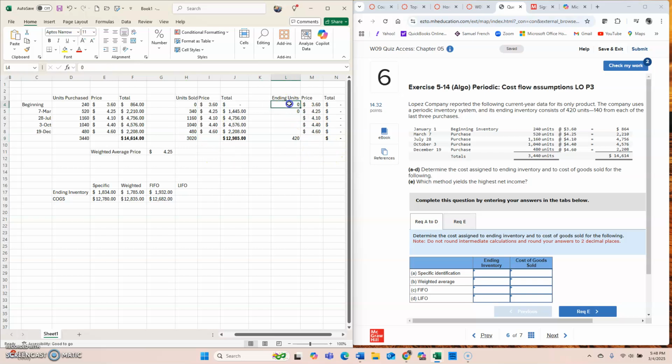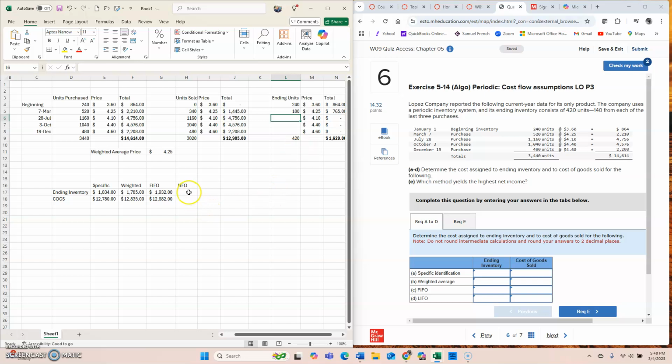So that leaves us with 240 and 180 left of our beginning and our March 7th purchase.